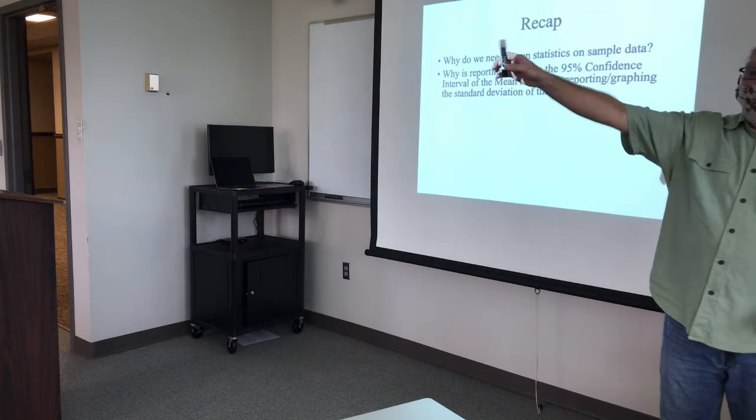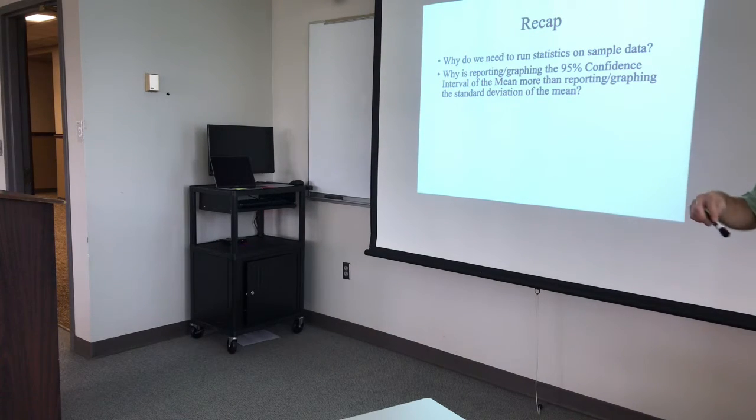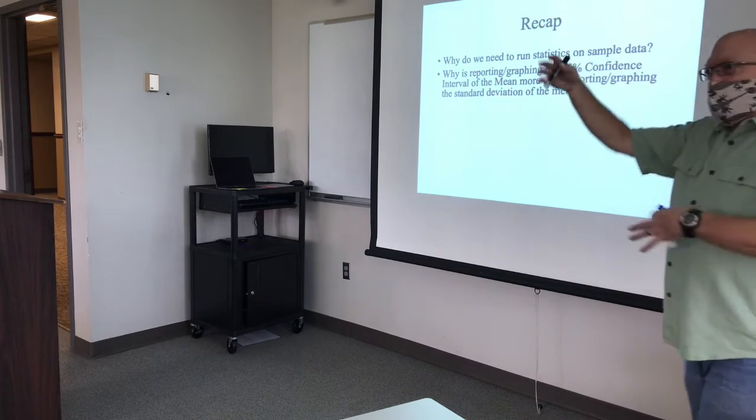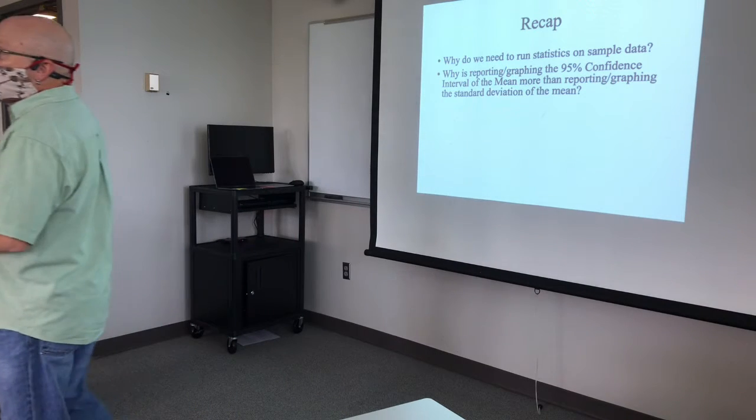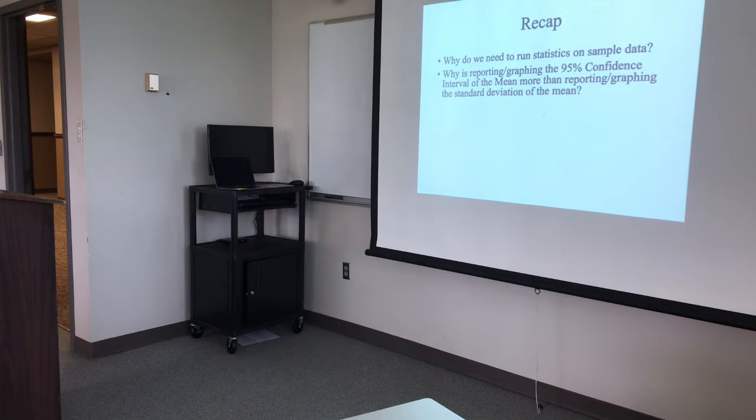Why is reporting and graphing 95% confidence intervals better than doing something like standard deviations? Yeah, Emma. You have more of an idea of the range that it's coming from. Well, all of these are going to be ranges. The standard deviation is a range, a confidence interval is a range, the variance is a range. Why this range rather than a standard deviation range? Trevor.